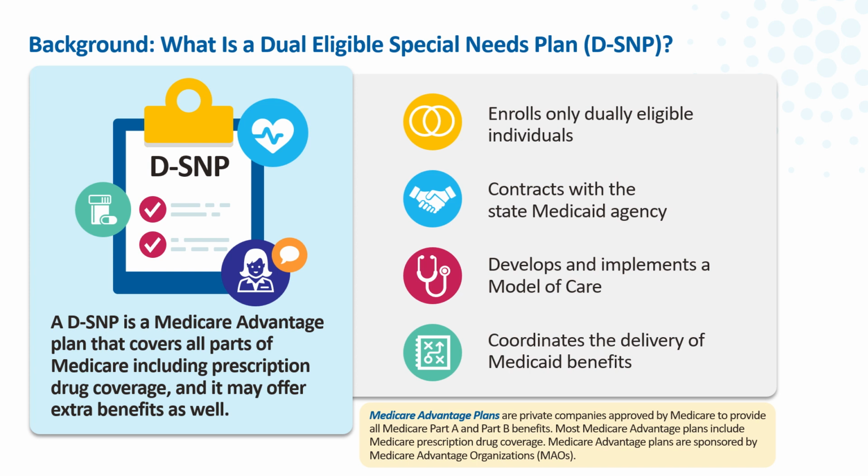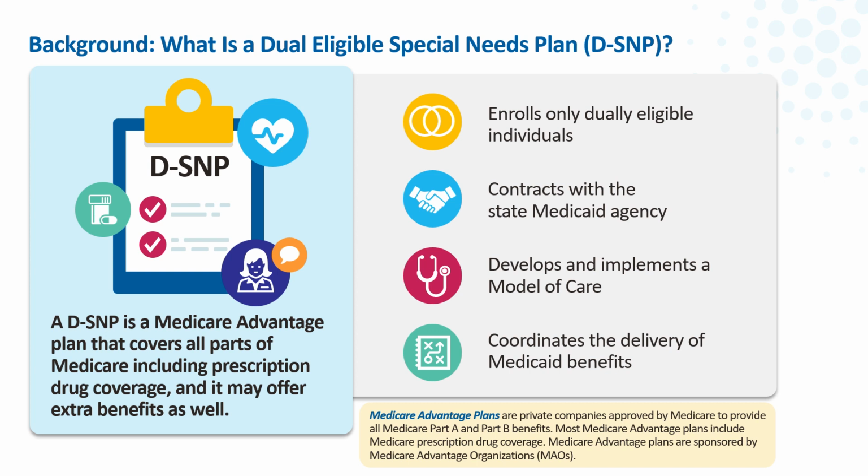Medicare Advantage organizations can apply to offer a wide array of Medicare Advantage plans, including D-SNPs. It's important to note that D-SNPs enroll only individuals who are dually eligible for Medicare and Medicaid, unlike non-D-SNP Medicare Advantage plans that can enroll both Medicare-only and dually eligible individuals.